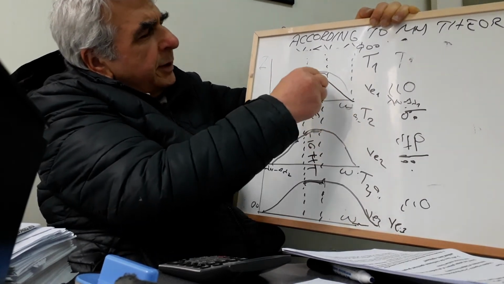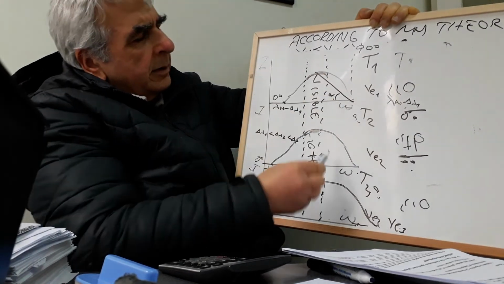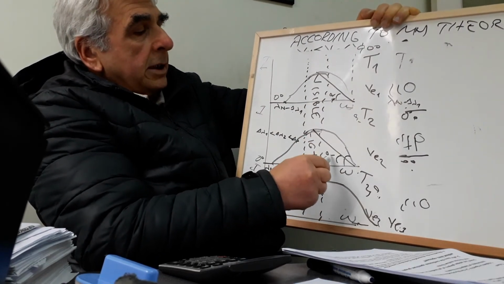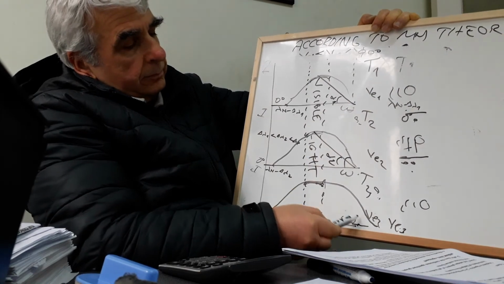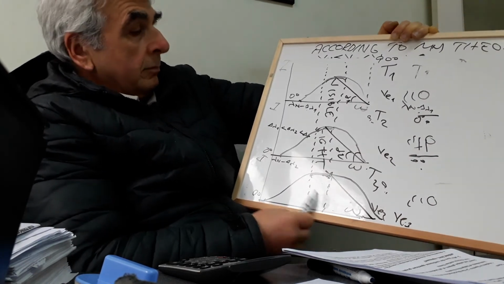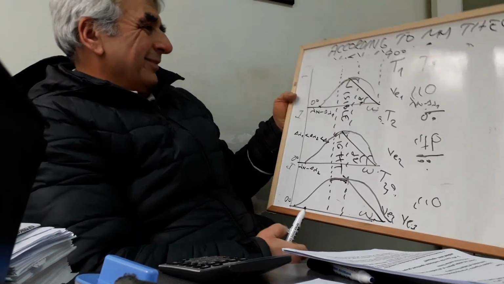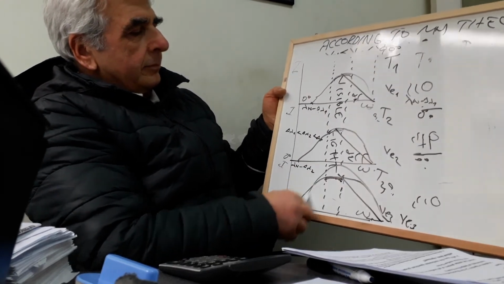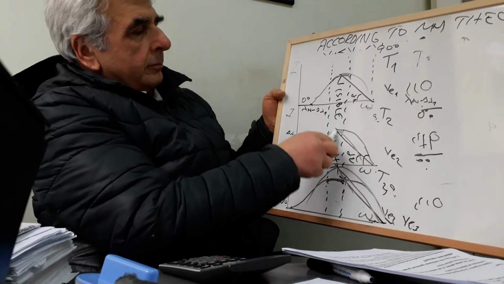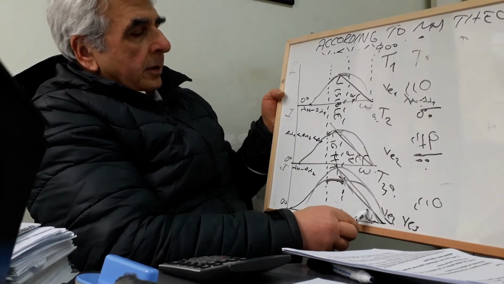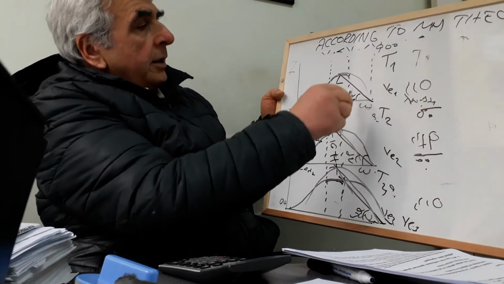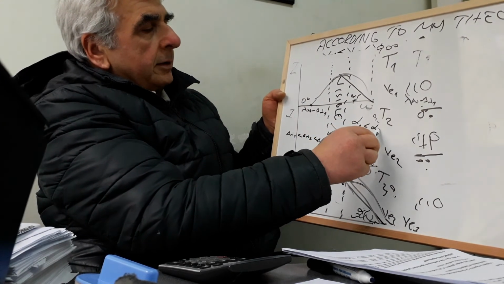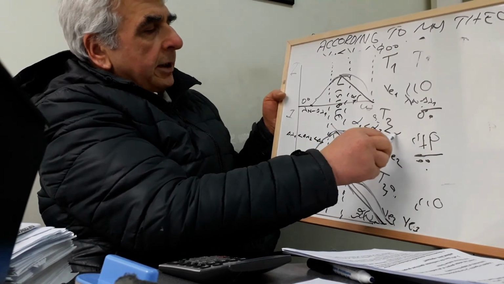Remember, this is alpha 1, alpha 2, alpha 3. Alpha 1 smaller than alpha 2 smaller than alpha 3.